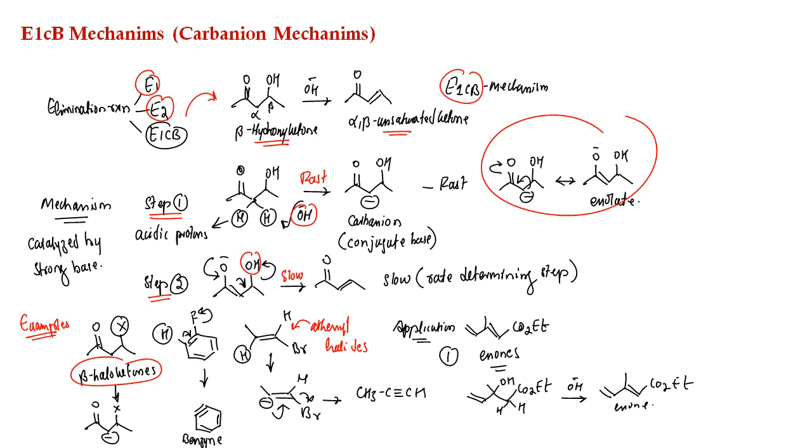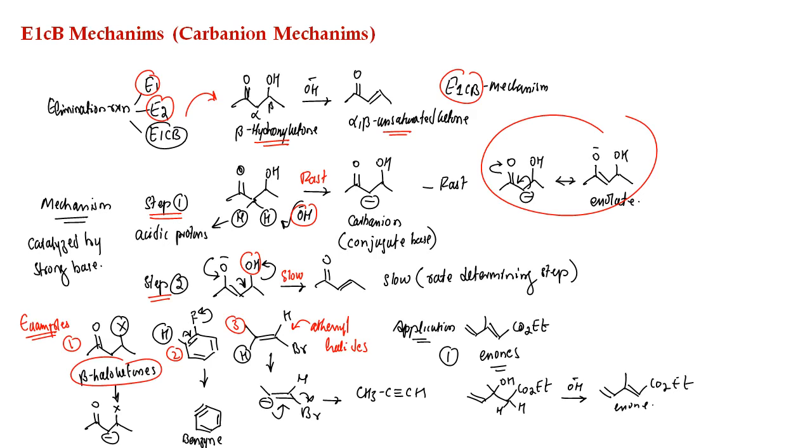So these are three different examples which demonstrate E1cb mechanism reaction. Any group that can stabilize the carbanion can act as a good substrate, or the molecule where we have a group that can stabilize the conjugate base make the entire molecule a good substrate for E1cb mechanism.